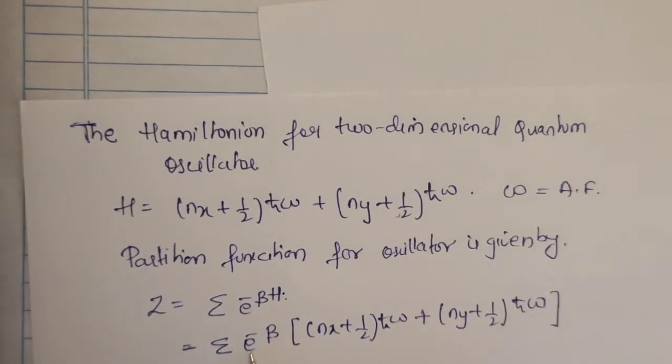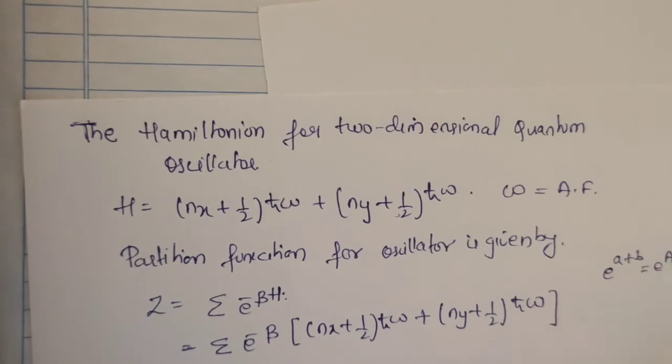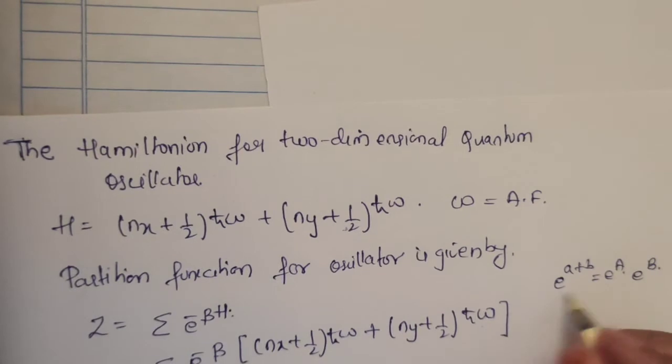This is in the form of e to the power of A plus B. We know that e to the power of A plus B is equal to e to the power of A times e to the power of B. Now let us write the given equation in this form.